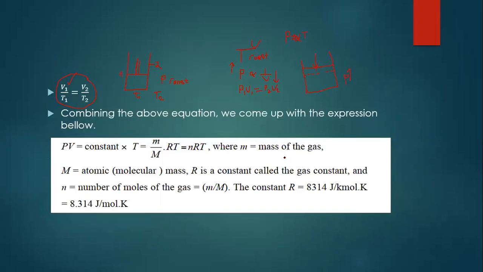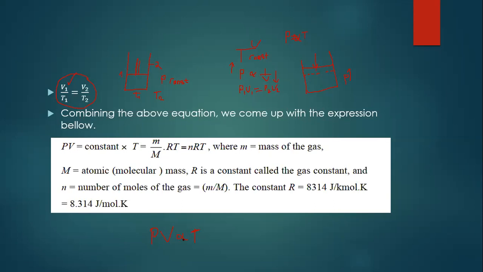When we combine the parameters together, what we find is that pressure and volume, let me just write it somewhere here, we find that pressure and volume is proportional to temperature. The product of pressure and volume is proportional to temperature.